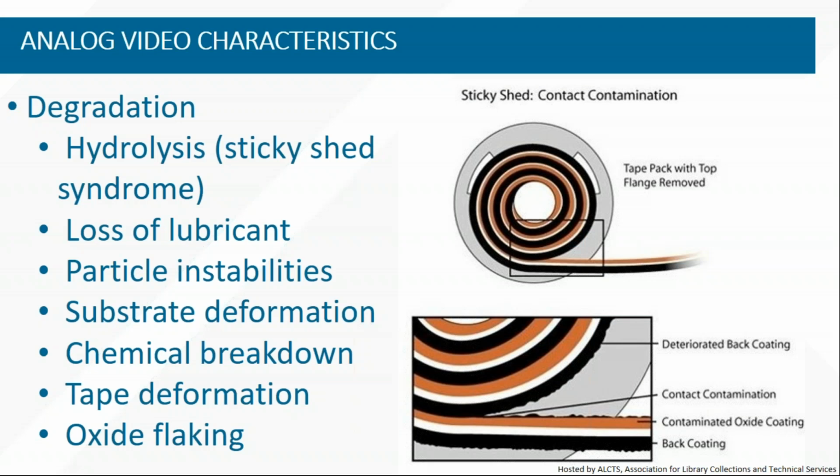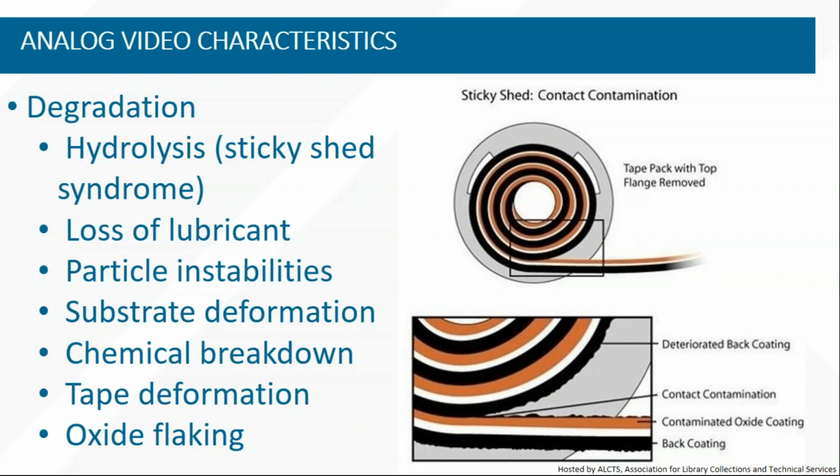I also wanted to mention, just like I did with analog film, that video is susceptible to a variety of different risks. Hydrolysis, which is also called sticky shed syndrome, is probably one of the main things affecting video collections.